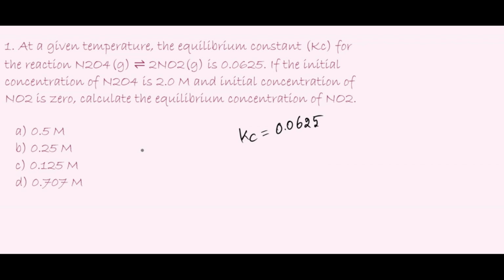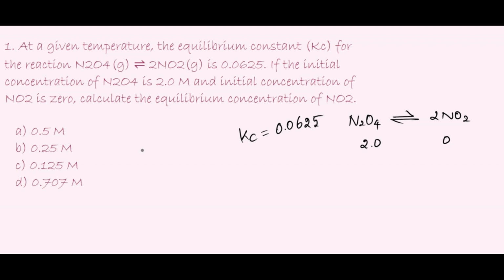Okay, so how will you find it? For this type of question, I would recommend that while practicing itself, you write the equation and write the concentrations given. So the initial concentration of N2O4 is 2 molar and NO2 is 0. Now we have to find the equilibrium concentration of NO2.